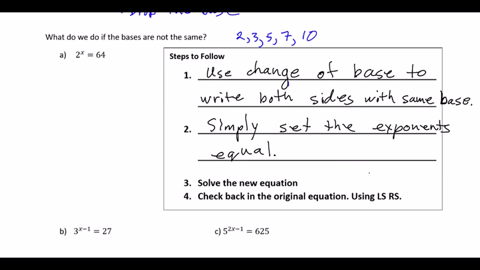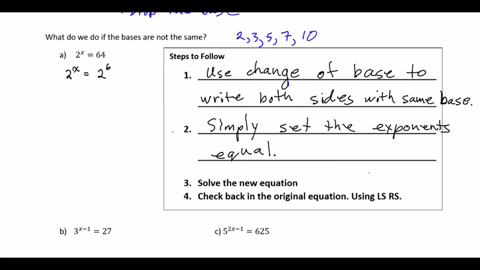Now our current problem has 2 to the x is 64. The big hint here is 2 to the x. Remember, that's one of our regular bases that we're using to replace the number on the right side. We're going to try and make it match. So now we're going to write 2 to the x is equal to 2 to the 6, because 2 to the 6 is equal to 64.